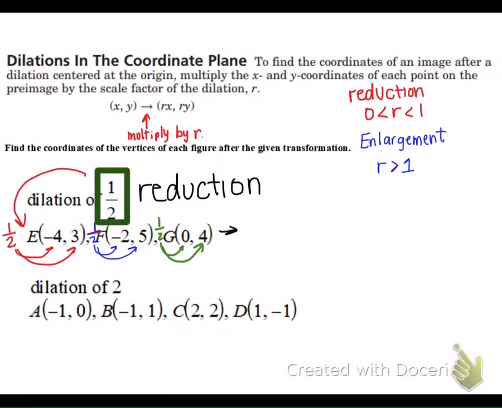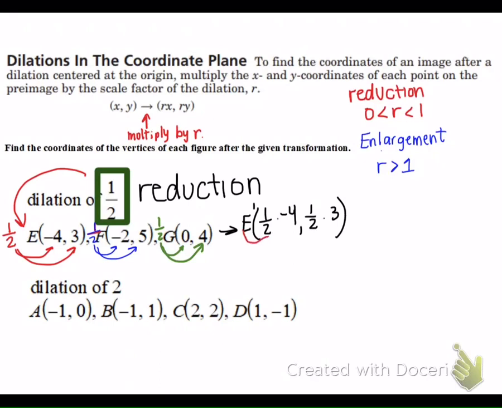If we apply that, let me write this out. E prime is going to be 1/2 times -4, and then 1/2 times 3. I'm just showing extra steps.